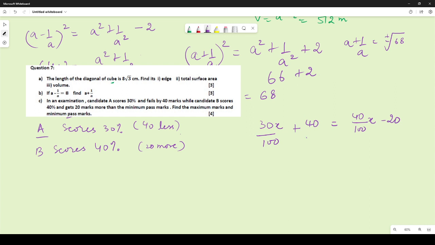Because this person should have scored 40 more and this person should have scored 20 less to get exactly the minimum pass marks, right?